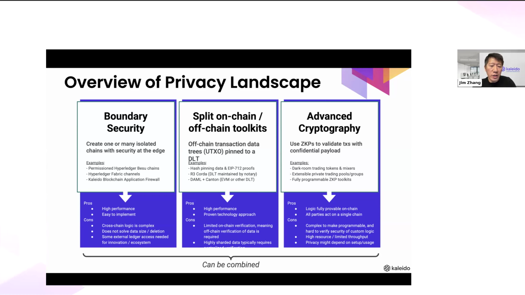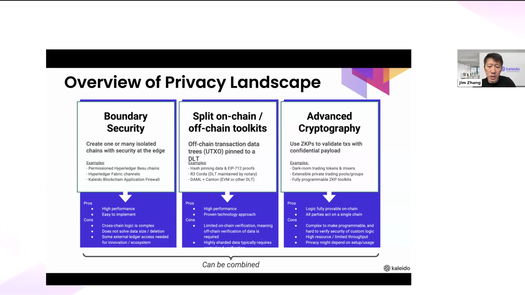Other techniques in this category also include isolating data, such as when we use Hyperledger Fabric channels, or if we use permissioned Besu chains and there are different chains, then accessing the ledger will require permission. So that's pretty well understood. On the other hand, if we want all the participants to join the same chain and there is security for the data that are shared, then it gets a bit more involved.